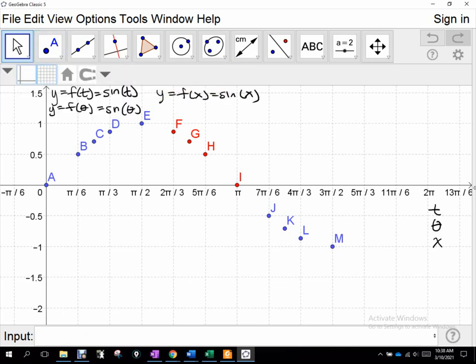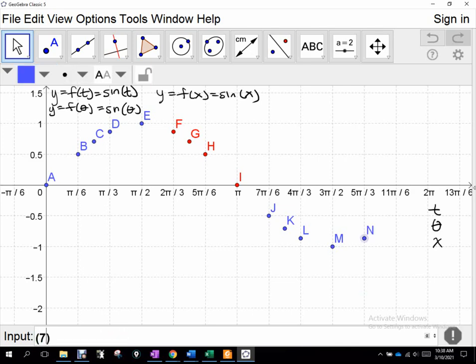Now, as I go to the fourth quadrant, are the fourth quadrant ordered pairs the same as these? The y value is the same, right? And for the first point in the fourth quadrant, you have the y value the same as what point L was. So when I go to 5 pi over 3, it should be negative square root of 3 over 2.